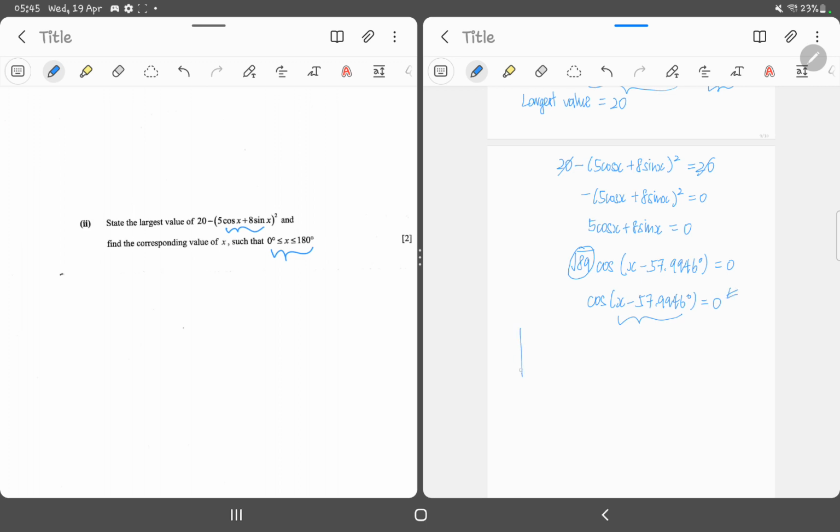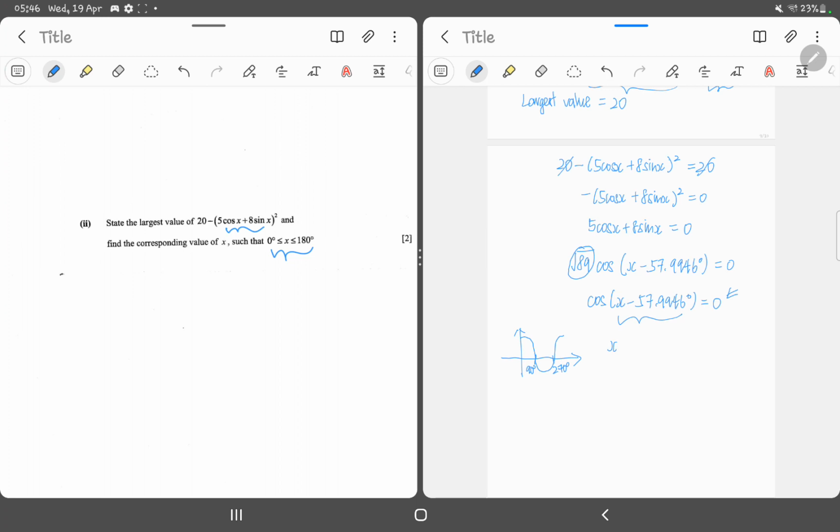So if we draw the cosine graph, this is the cosine graph. Then cosine of 90 degrees will be 0, and cosine of 270 degrees will be 0, right?